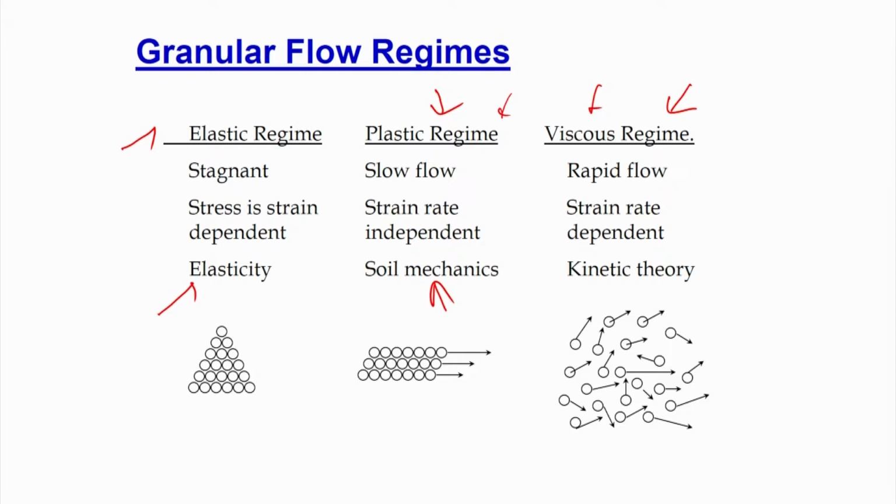Strain rates are dependent, so if you change the strain rate, your overall motion will also change, your collision will also change, and the flow is mostly dependent on the kinetic theory. So, the kinetic theory of granular flow is used to model the flow, as these flows are very much collision dominated, they move very fast, and the strain rate is dependent. These are the three regimes. I am not going into detail of this, I am just trying to revise it. You can see it in your solid mechanics courses, the details of these regimes, but that is the basic classification of these three regimes.